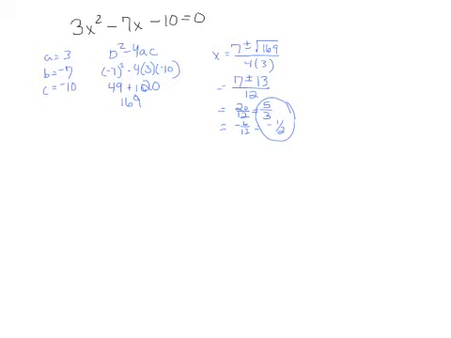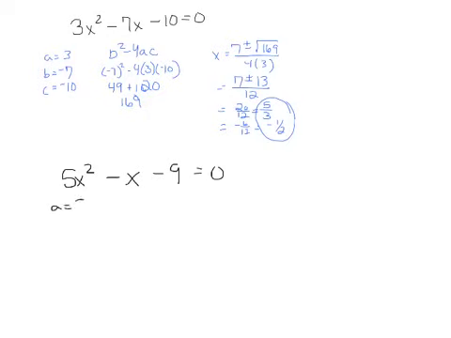Let's try it again. Let's do 5x squared minus x minus 9 is equal to 0.